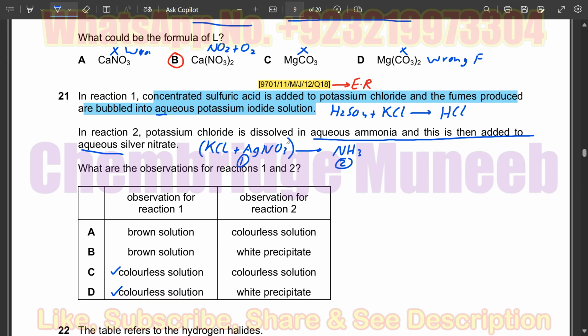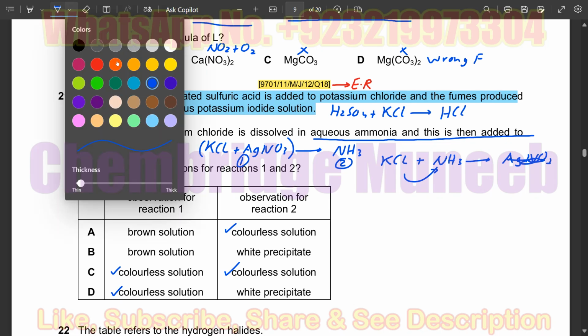However, in this case they have reversed the steps and they are saying KCl is added to the ammonia first and then added into the silver nitrate. It is a reverse process. So if you add KCl in the ammonia, it will also give you a colorless solution. So colorless solution is the right answer. Precipitate cannot be formed here because it is not reacting with the Ag. So the right option becomes option C here.